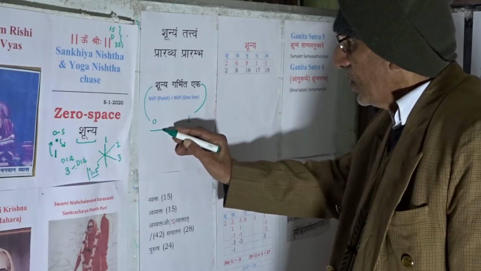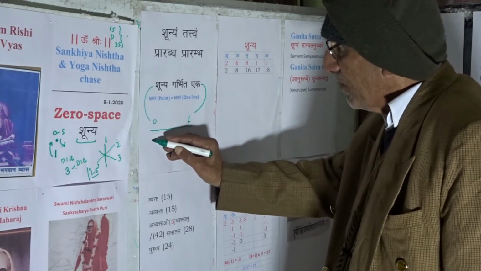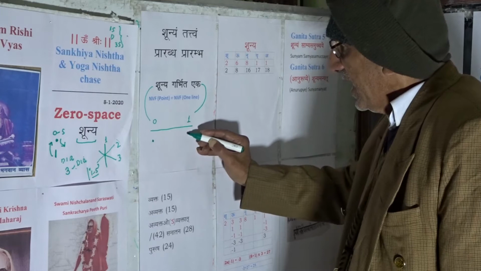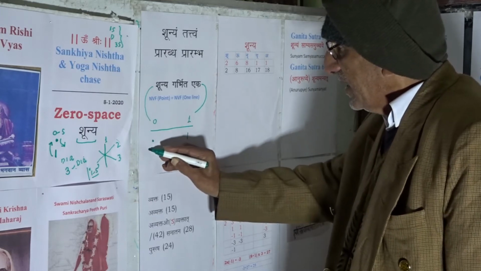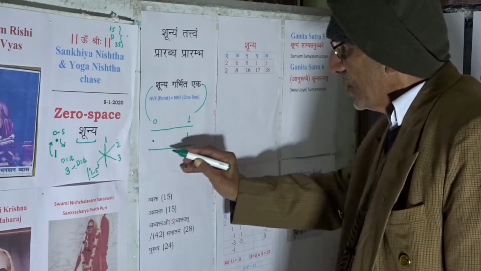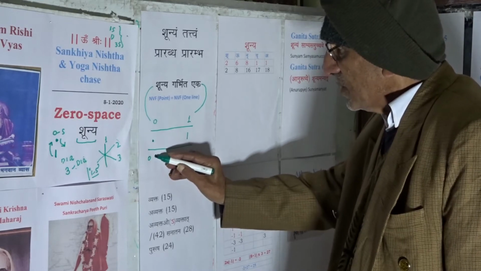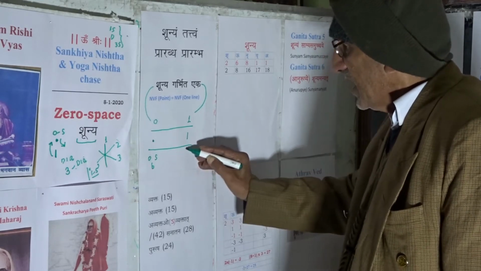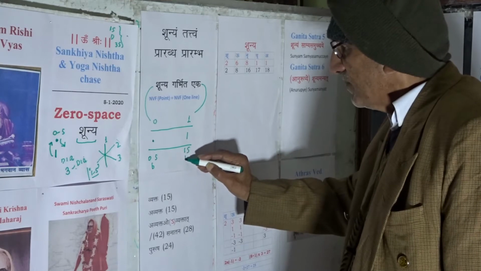Parallelly, we are at the point and a line. It takes us to 0 as a Shunya space body, and then it is one space body.